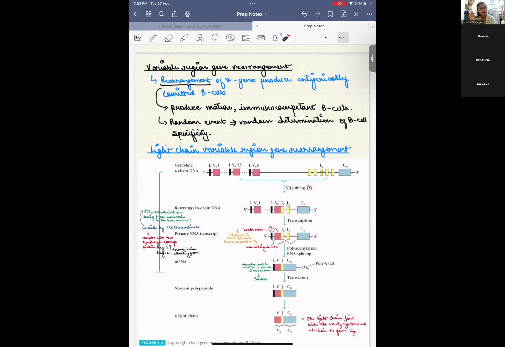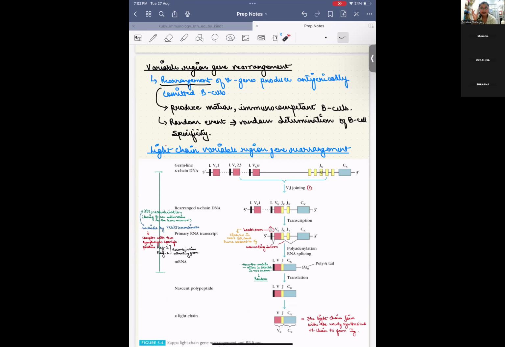How? If you remember, the variable region has CDRs, which are the hypervariable regions, and antigen binding is actually facilitated by the CDRs present in your variable region.